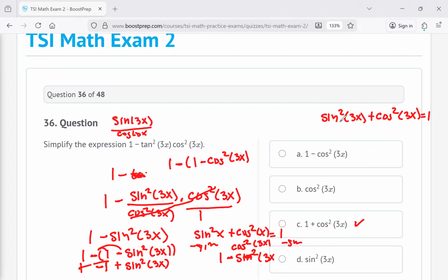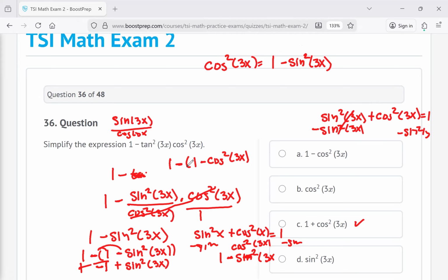And then you subtract sine squared 3x on both sides. So this cancels. You're left with cosine squared of 3x equals 1 minus sine squared 3x.